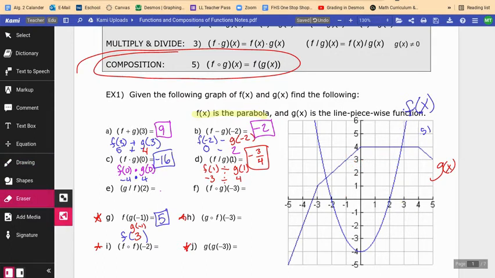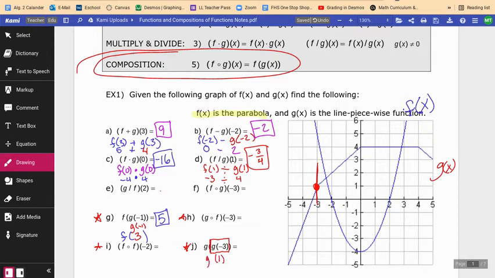Okay, so let's try problem J. This time we have g of g of negative 3. So I'm going to do g of negative 3 first. So g of negative 3 has a value of 1.